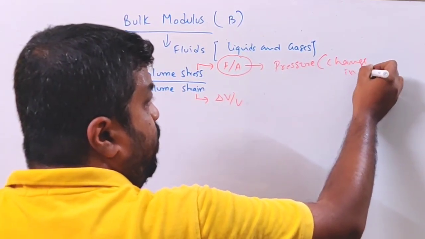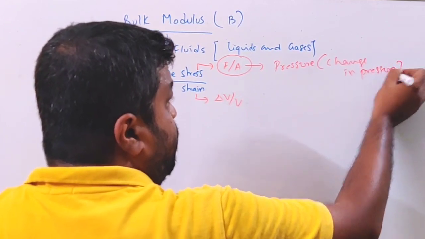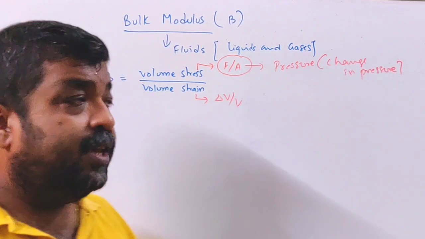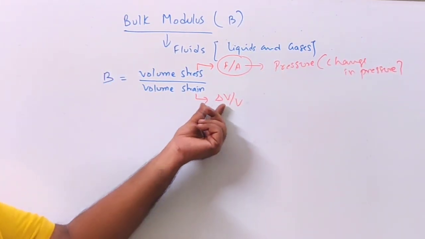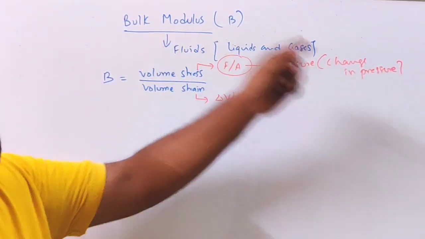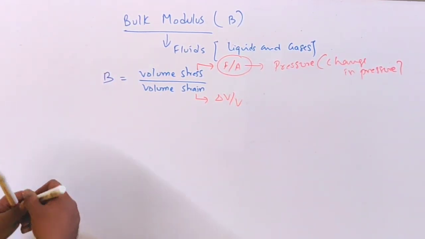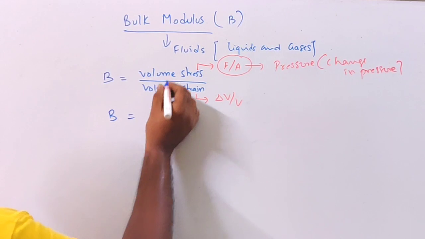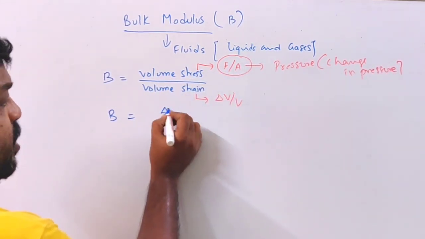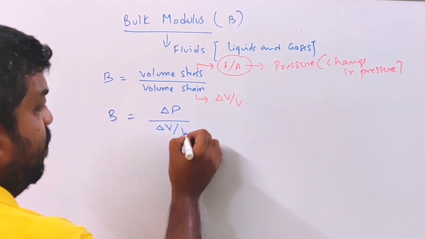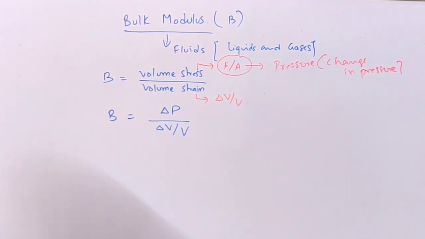Why? Because this is change in volume. A change in volume will produce a change in pressure. So I will write this bulk modulus B as delta P, the change in pressure, divided by delta V by V.